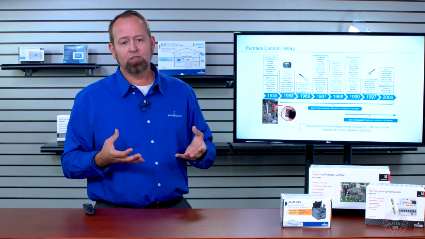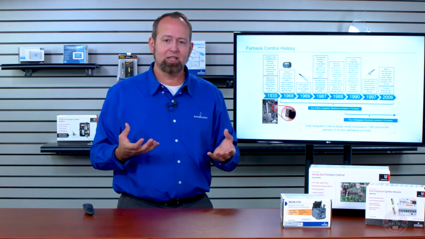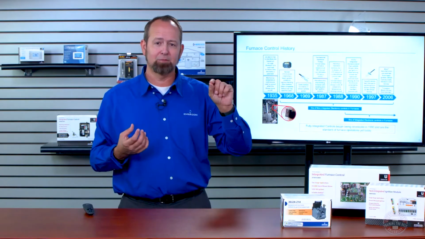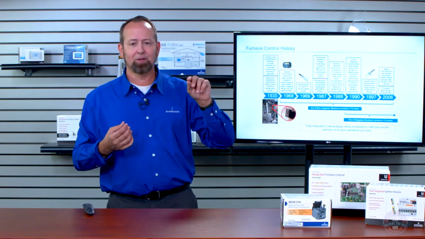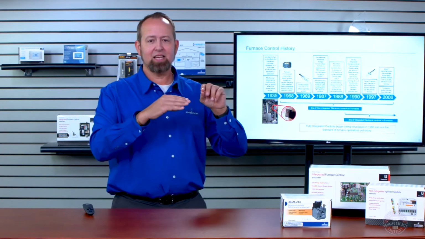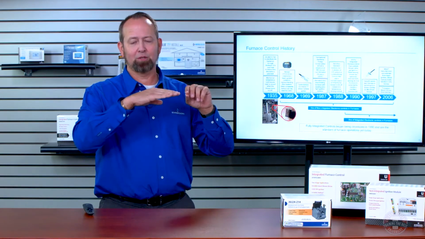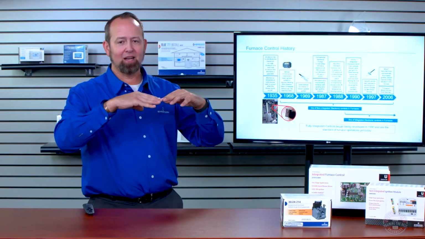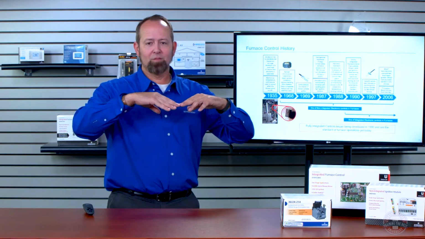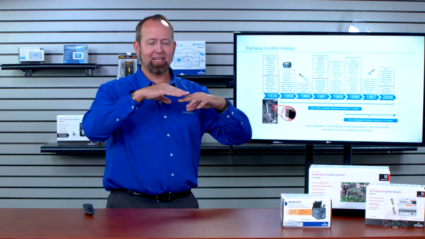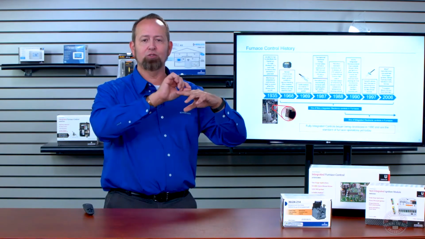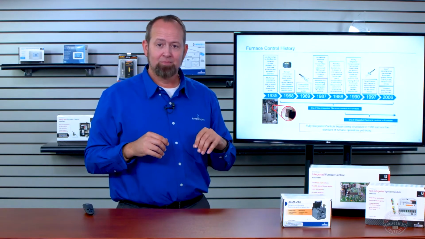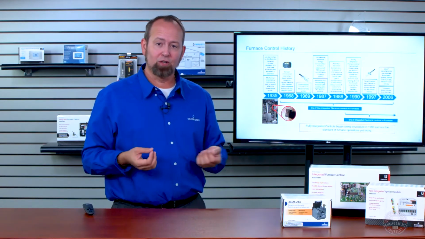Well, in order to do so, a control needed to be made, and that control is made of bimetal, or two pieces of metal that simply sensed heat, and once they got to a certain temperature, they would bow or bend. And that bowing and bending allowed for a switch to be placed so that when it moved, it closed these contact points, and in closing the contact points, completed the circuit for the blower to come on.